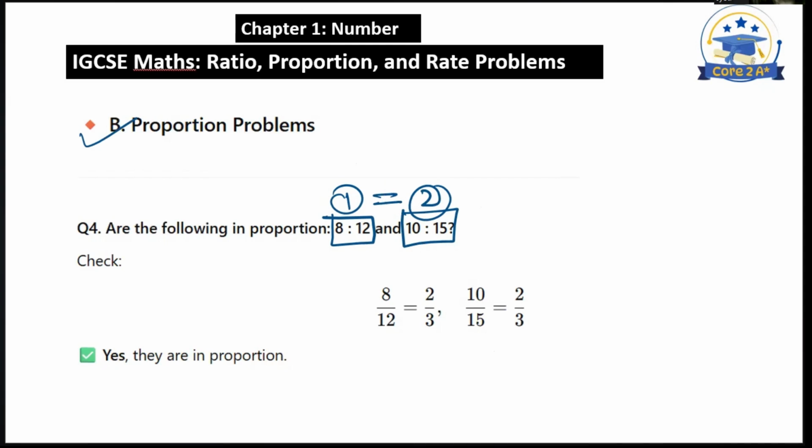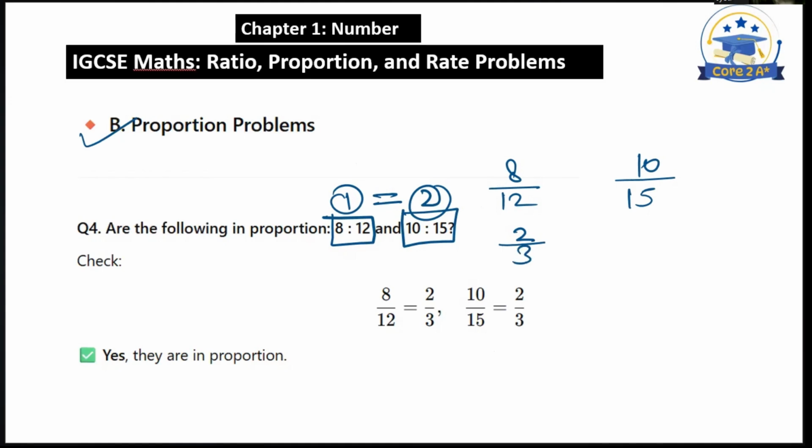Okay, let's see. 8:12, or we could write it as the fraction 8/12. First, don't write the equal sign because we don't know right now. 10/15. Simplify this by dividing by 4. 4 twos are 8, 4 threes are 12.